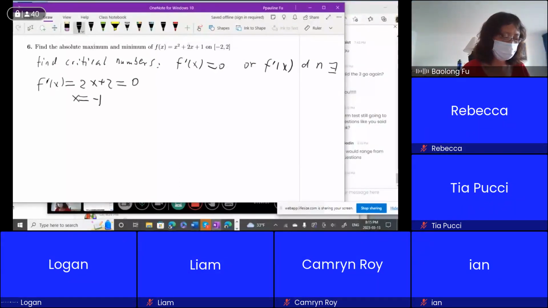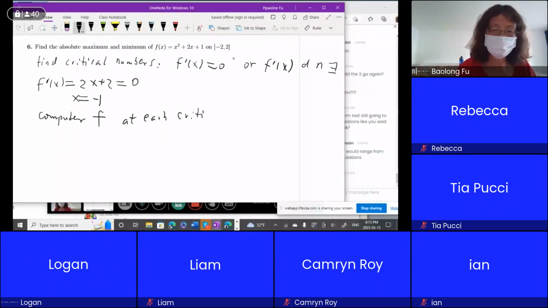And for the absolute maximum and minimum, you just need to compute f, the function, at each critical number, and also compute f(a), f(b).